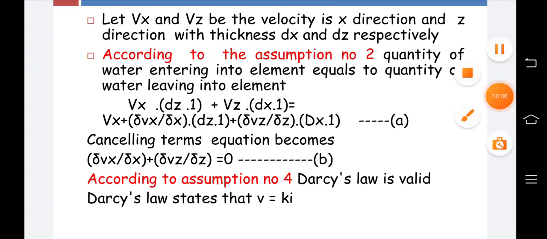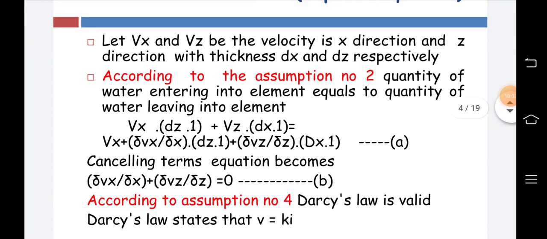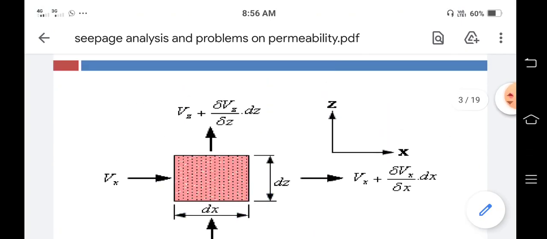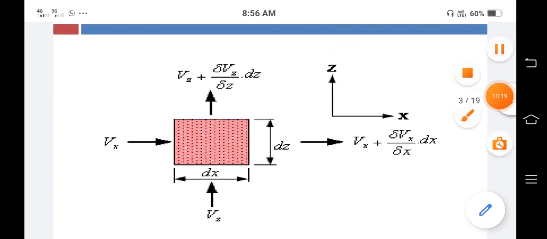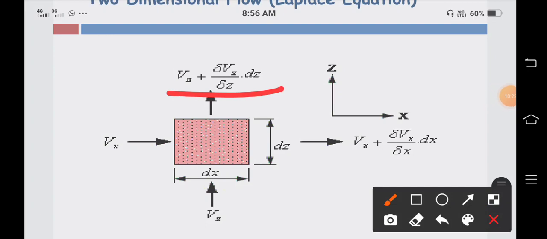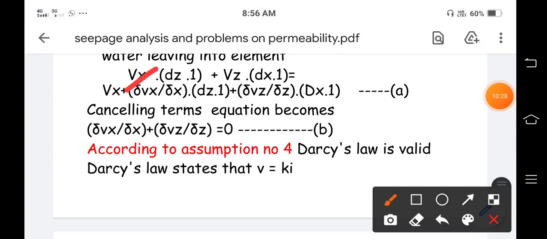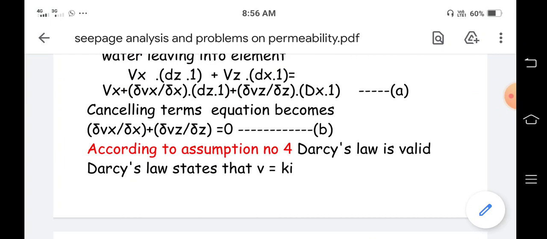So how it comes, you have to cancel all these terms. But note that here you have to write phi z. This is the equation. So in this equation you write vz, so vz gets cancelled, vx gets cancelled, delta x gets cancelled, delta z into 1 gets cancelled. So what remains is delta vx upon delta x plus delta vz upon delta z equal to 0.